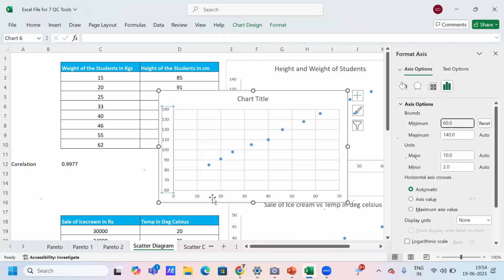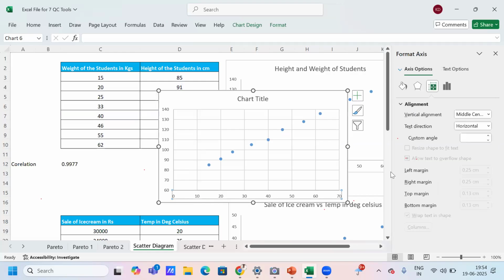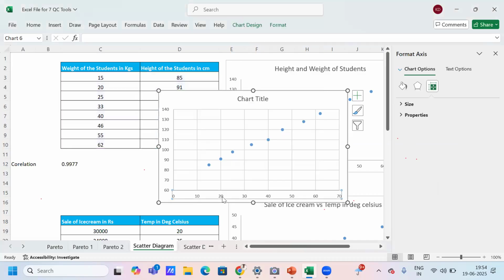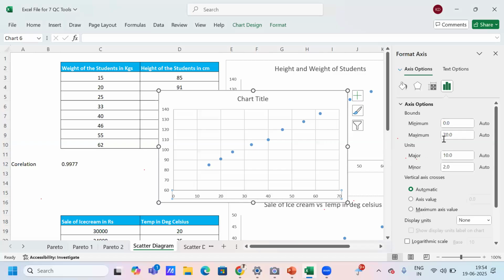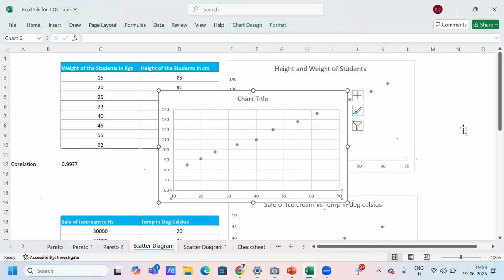And on the x-axis, the minimum is, for example, 10. Now the graph looks like this.